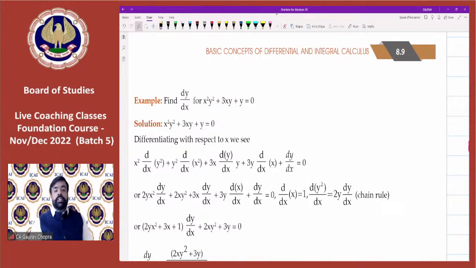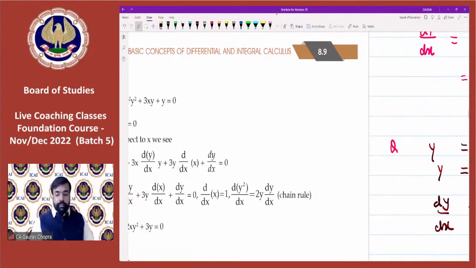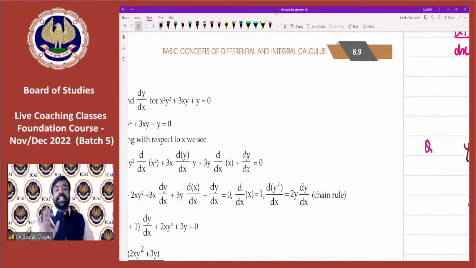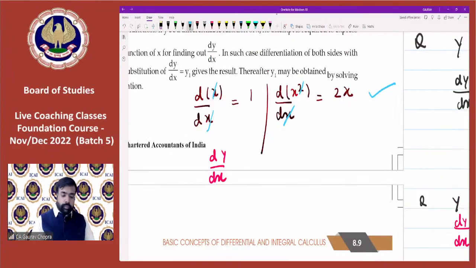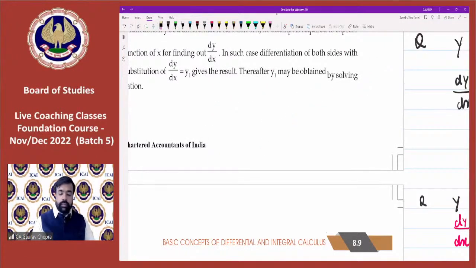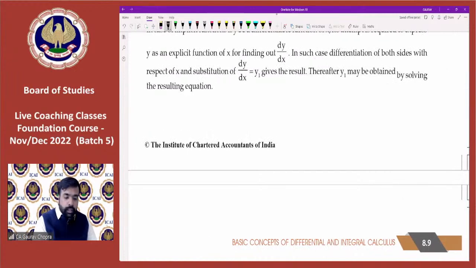So let us solve step by step. Let us solve xy first, derivative of only xy. We write here d by dx of xy.